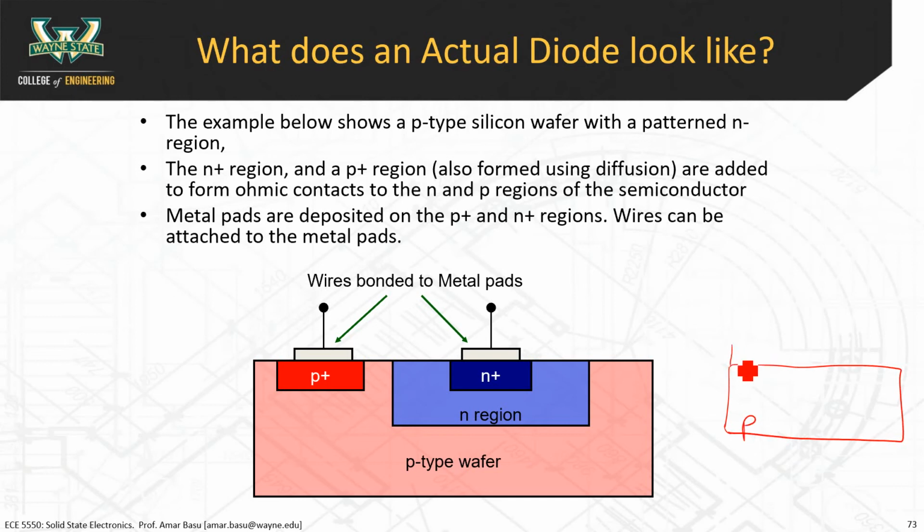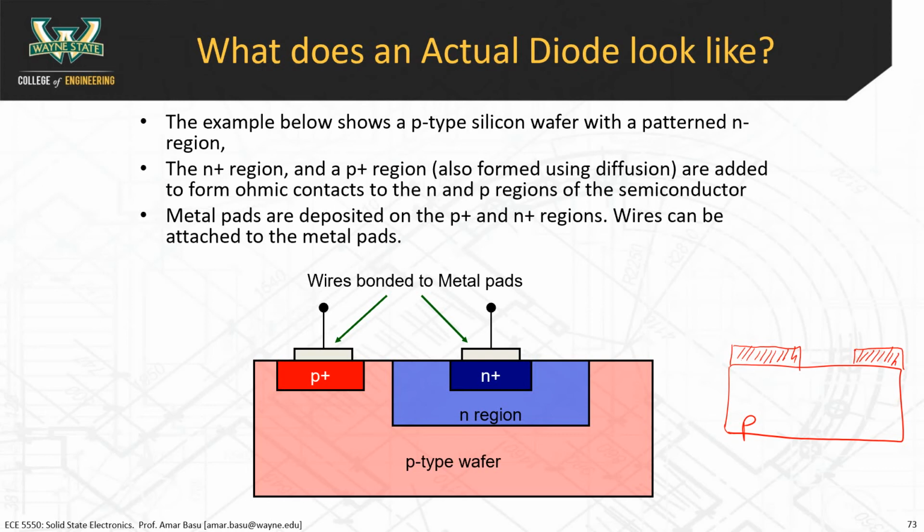So you create something called a mask, which basically covers up a portion of the wafer. Typical materials used are silicon dioxide, which can grow naturally on the surface of the silicon, or silicon nitride, which is sometimes also used.